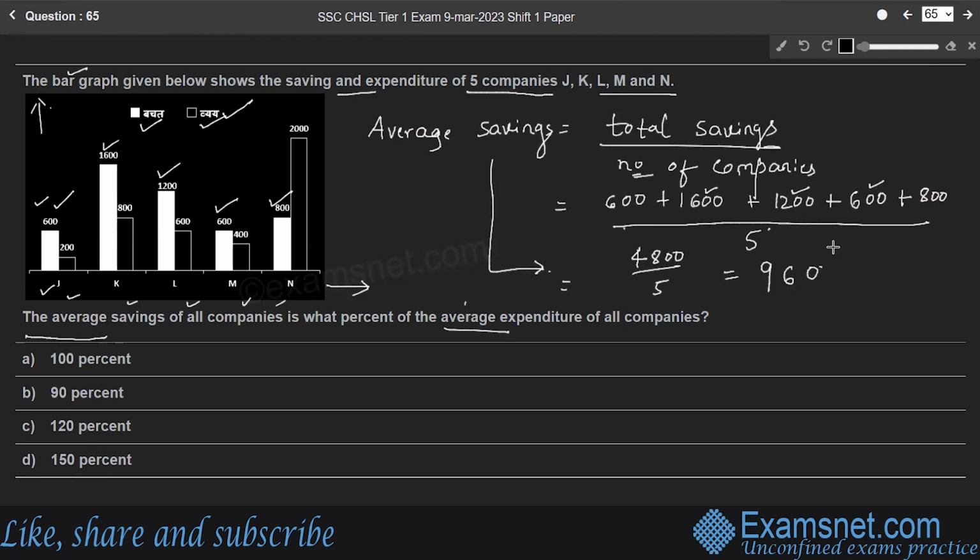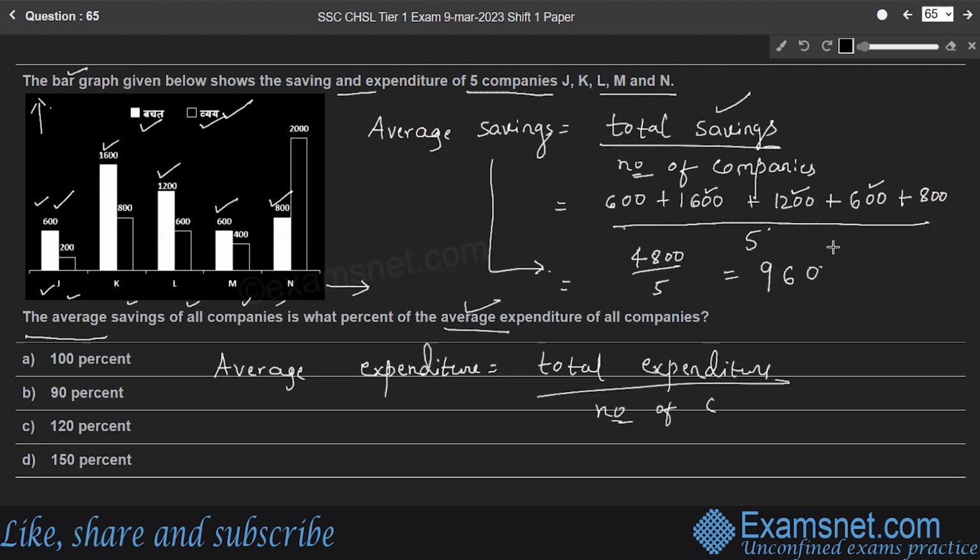Whereas average expenditure is equal to, instead of savings, here it is total expenditure divided by the number of companies.